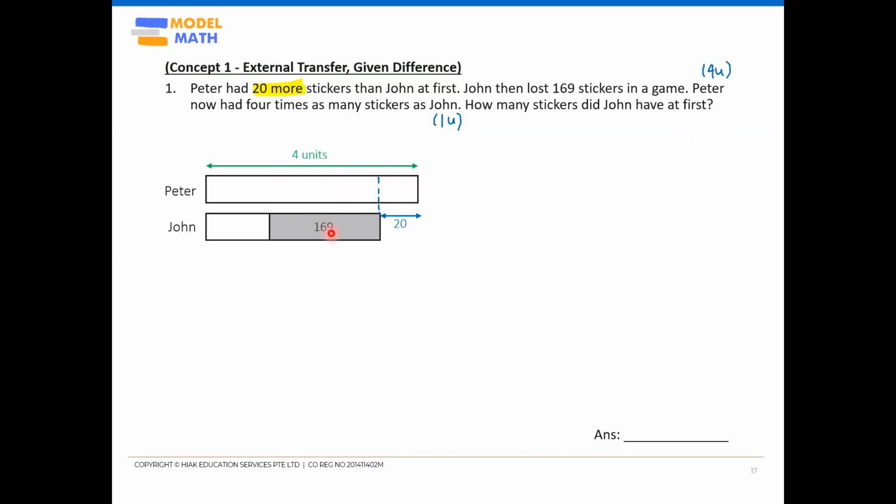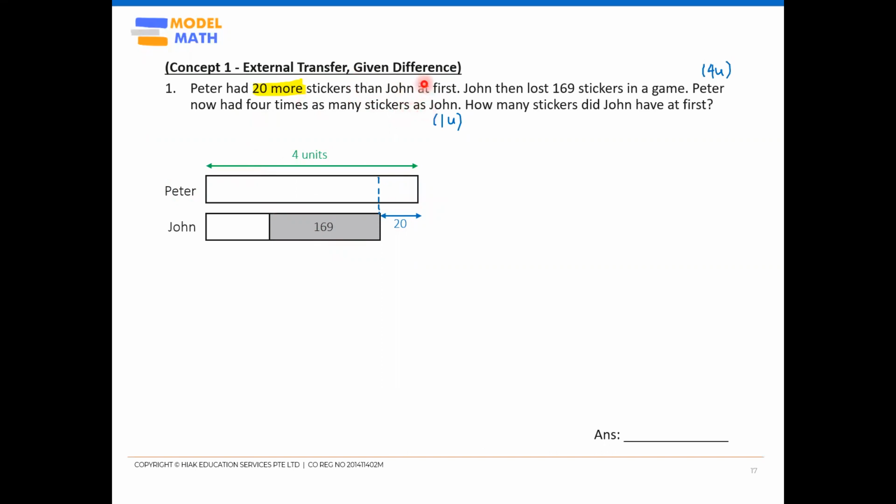You do not need to cut equally into 4 parts, because then you need to make sure John's 1 unit is the same as Peter's 1 unit, which is a bit difficult to proportion because when you first shade 169, you wouldn't know how big to shade it. So just labeling is sufficient.